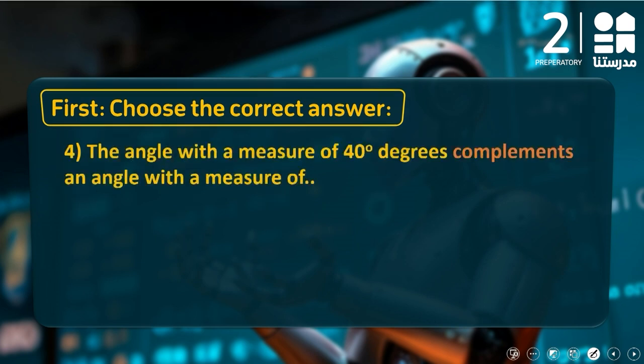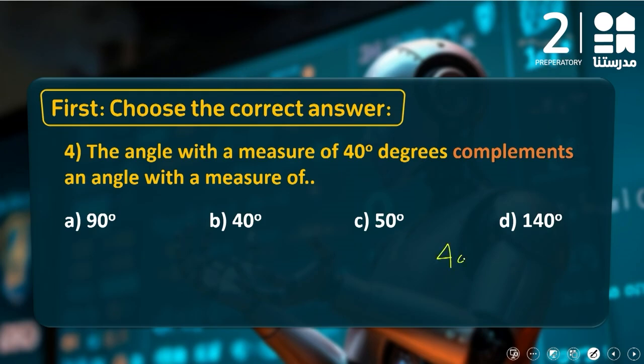The fourth question: the angle with a measure of 40 degrees complements an angle with a measure of what? What is the meaning of complements? Complements means the sum of two angles equals 90 degrees. So here we have 40 degrees plus the second angle, which is unknown, so we can call it x, equal to 90 degrees.